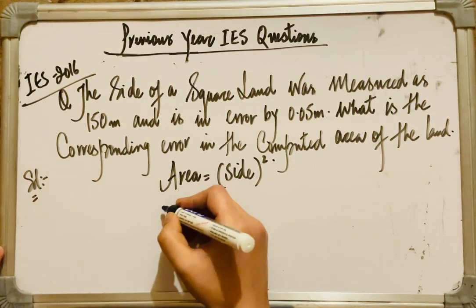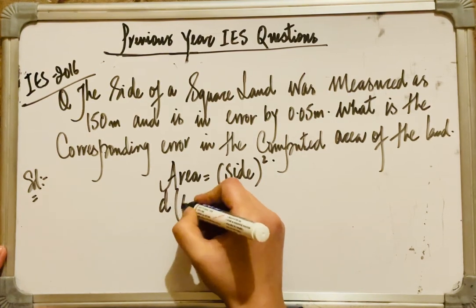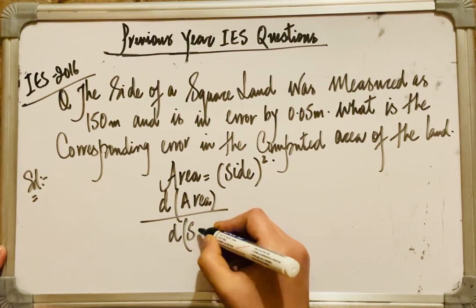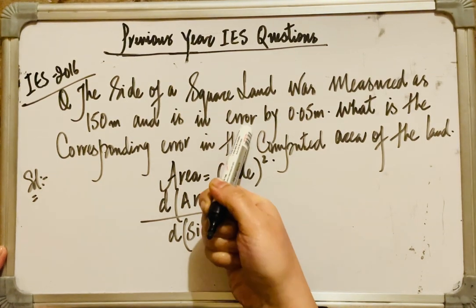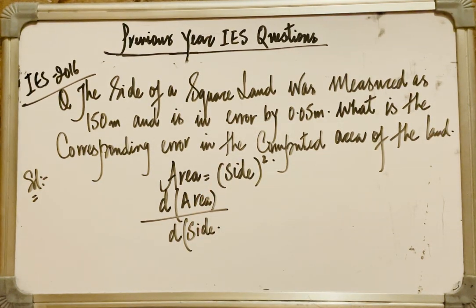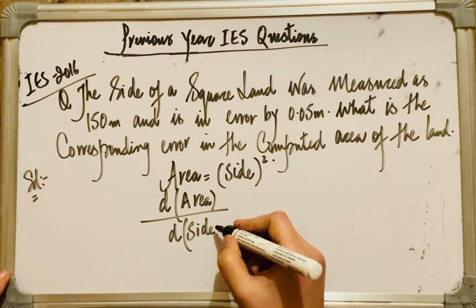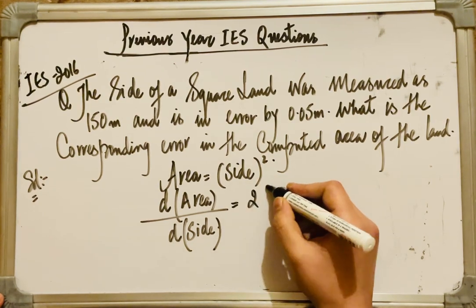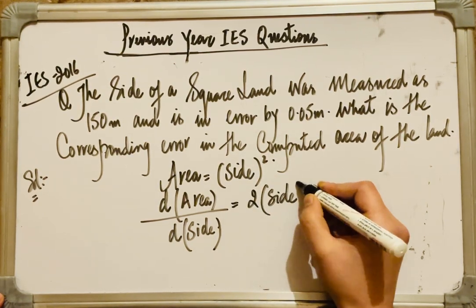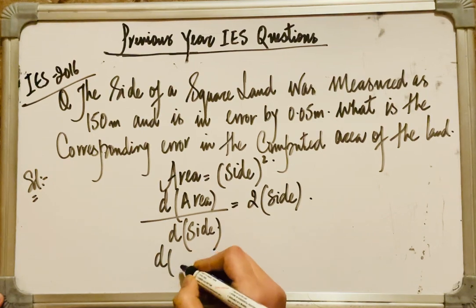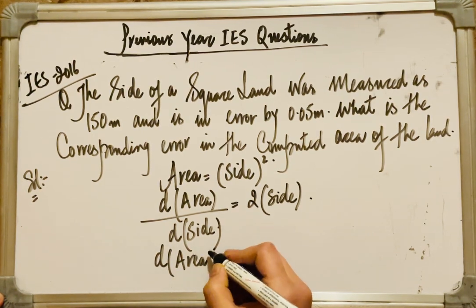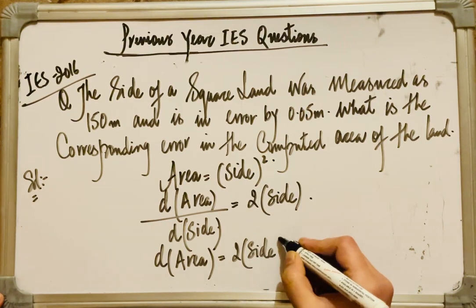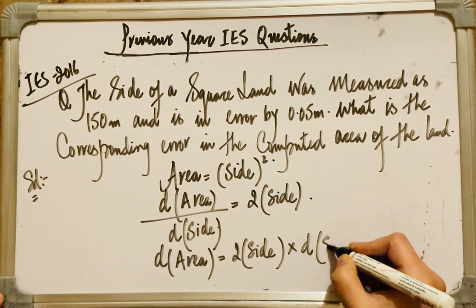I'll differentiate it with respect to the side to get the effect of the error in the observed quantity in my computed or derived quantity. Here, this with respect to side is twice side. That means d of area is equal to twice of side multiplied by d of side.